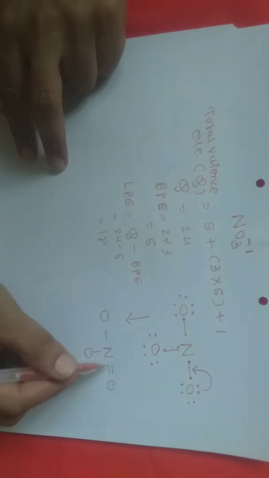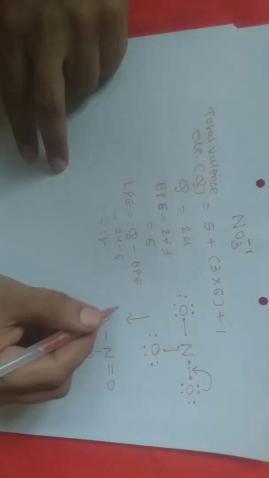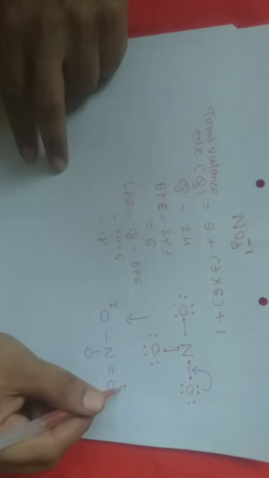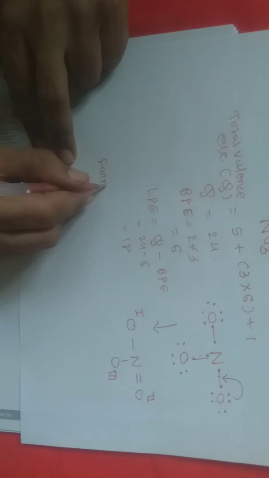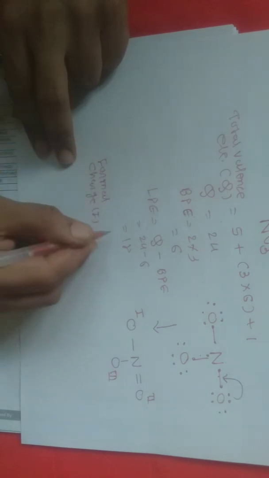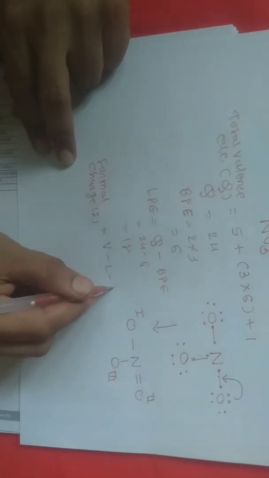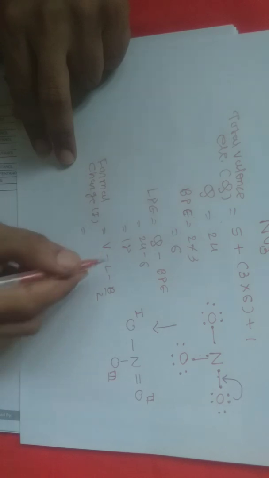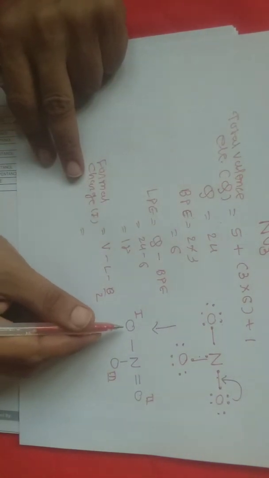So in that case, again I have to calculate the formal charge of each and every corner atom. Say this is the first, second and this is the third, right? If I calculate the formal charge of the first one, then valence electron of the first atom, the first atom is oxygen.